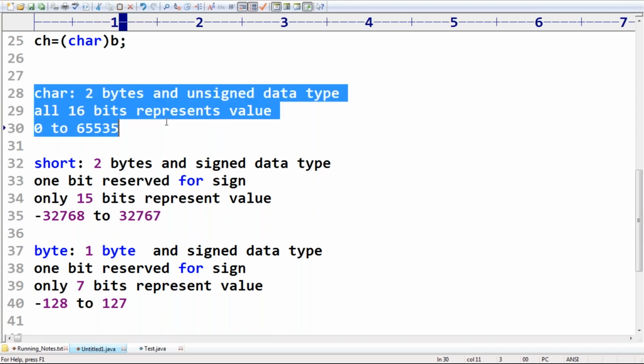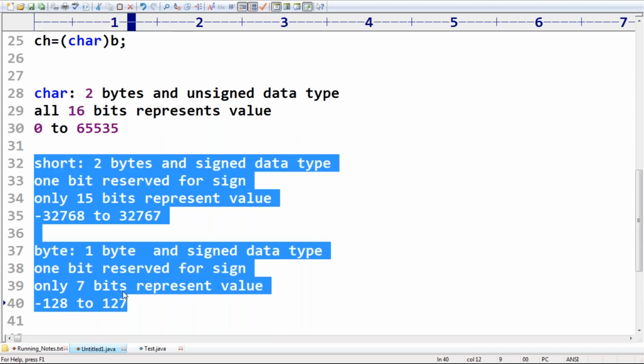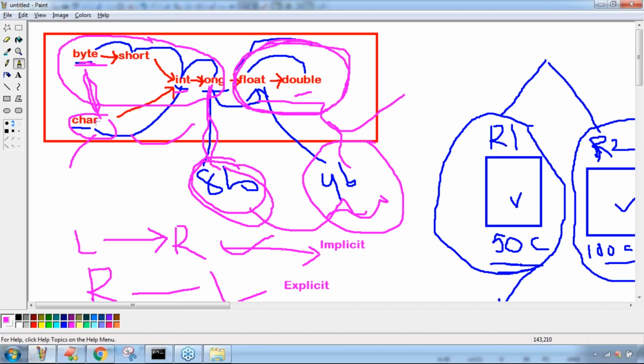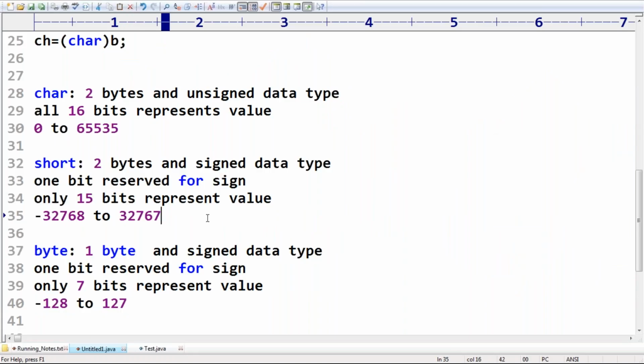Char is not compatible with these two types. That's why automatic conversions from char to short, short to char, char to byte, byte to char are not possible. That's why in our diagram char is separate, and byte and short are separate. But explicit typecasting you can perform, so char to byte, byte to char, char to short, short to char, no problem at all. Any doubt?